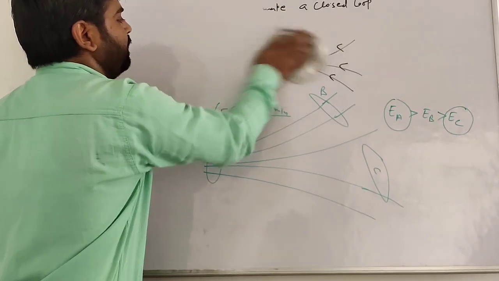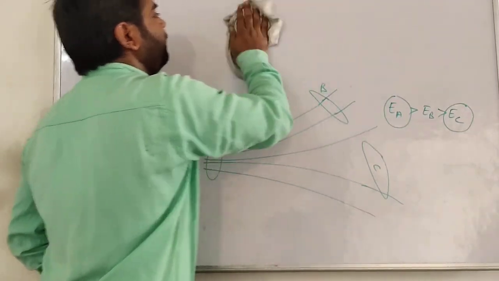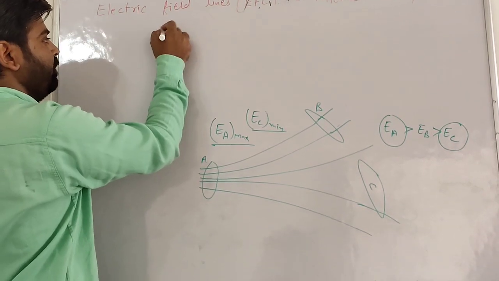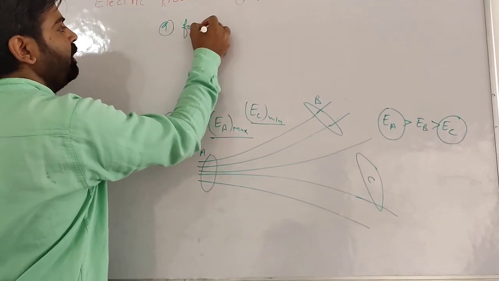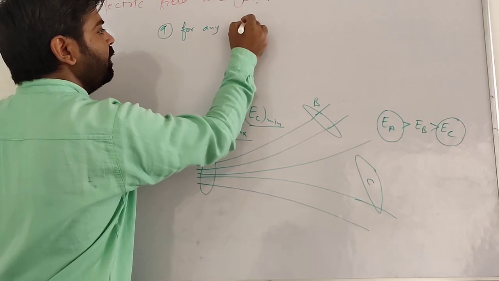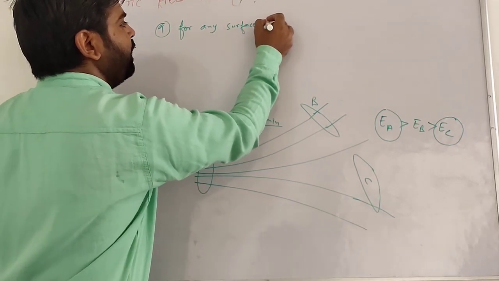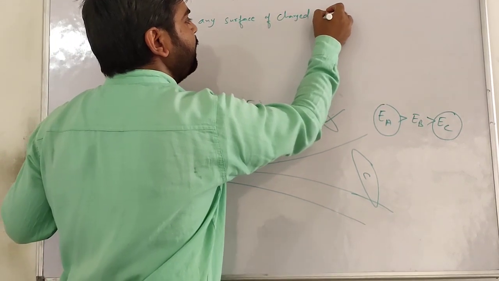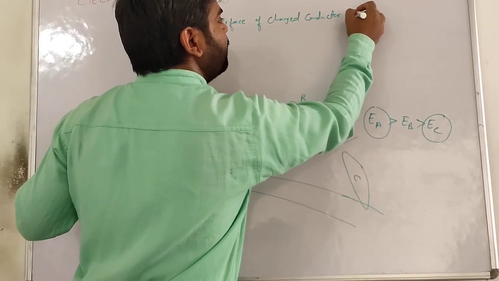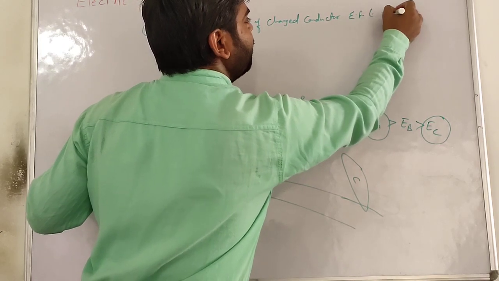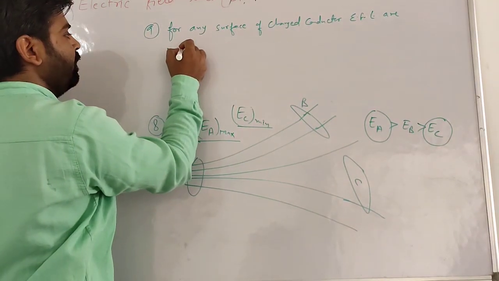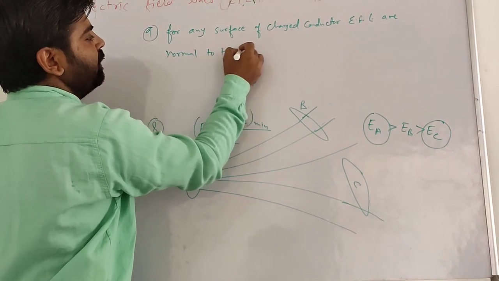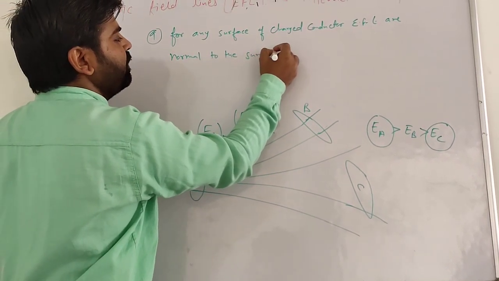The next property is the last property. For any surface of a charged conductor, electric field lines are normal, or perpendicular, to the surface.